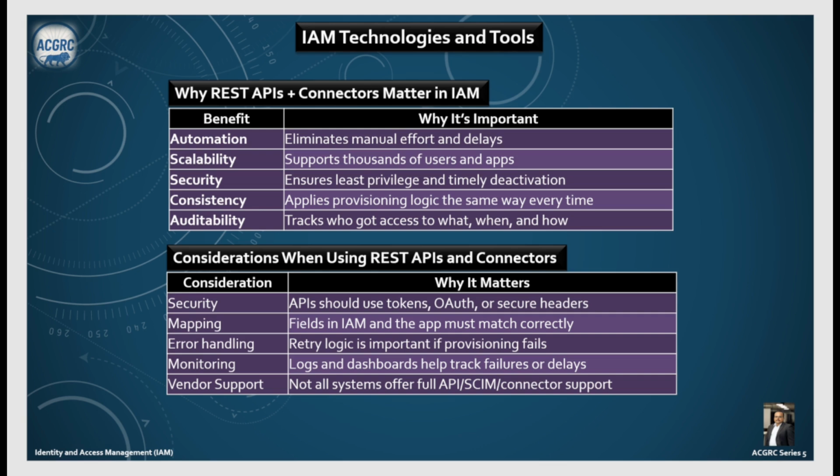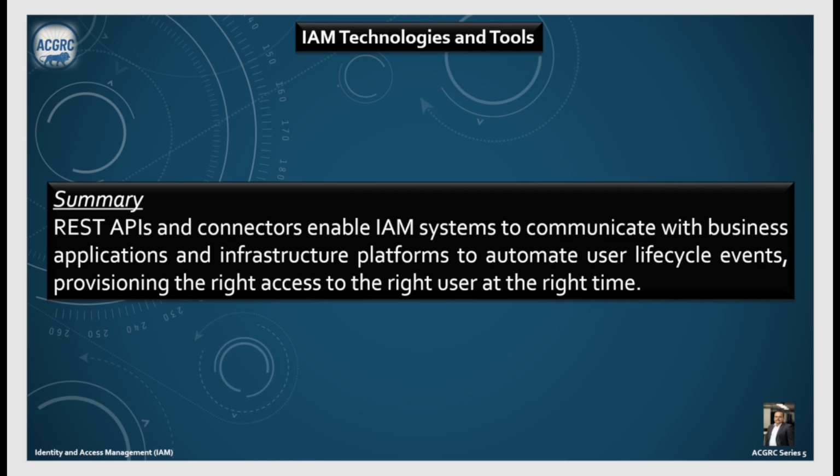So do look at the notes before you think of using this for implementation. Hence, REST APIs and connectors enable IAM systems to communicate with business applications and infrastructure platforms to automate user lifecycle events, provisioning the right access to the right user at the right time.